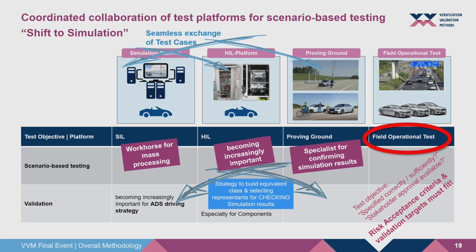What's important here is to generate a seamless exchange of test cases between simulation and proving ground on one side, or simulation and hardware in the loop test platforms on the other side.